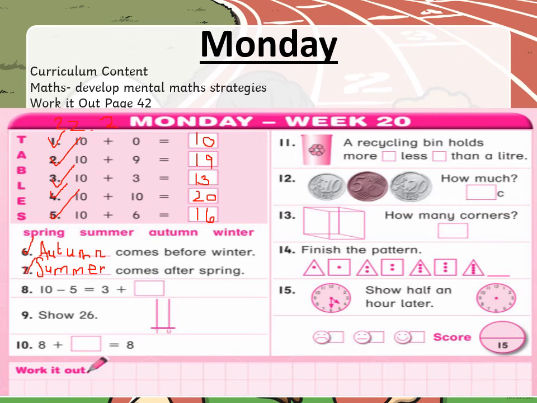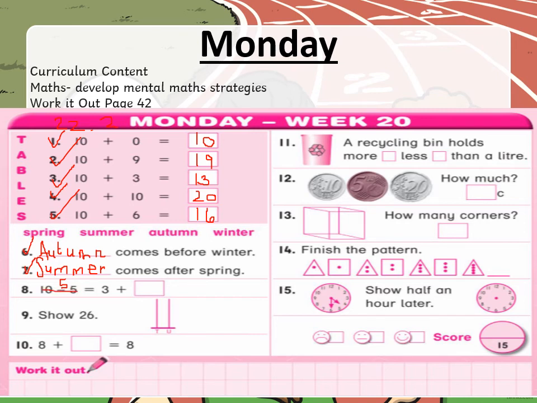So here, boys and girls, I've got 10 take away 5 equals 3 plus blank. Well, that's tricky. First, I have to figure out what's on my left-hand side. Well, 10 take away 5 is what, boys and girls? Put up 10 fingers. Take away 5. 1, 2, 3, 4, 5. What are you left with? 5. So I know this equals 5.